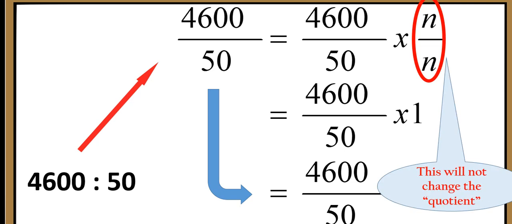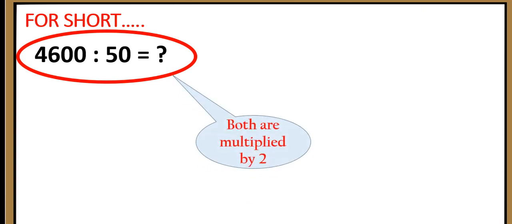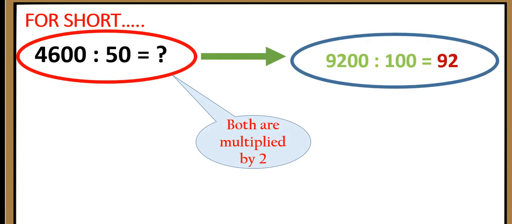It will not affect the result of a division. So for short, 4,600 divided by 50, both of them are multiplied by 2, we get 9,200 divided by 100, and the result is 92.